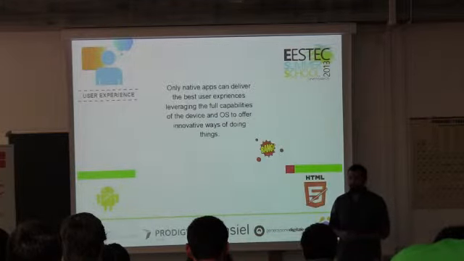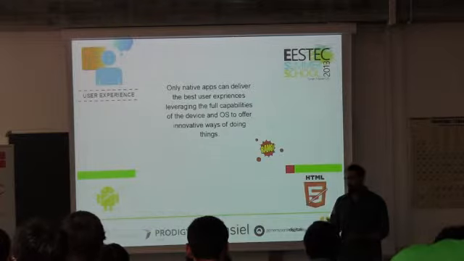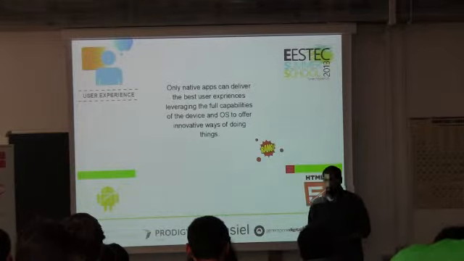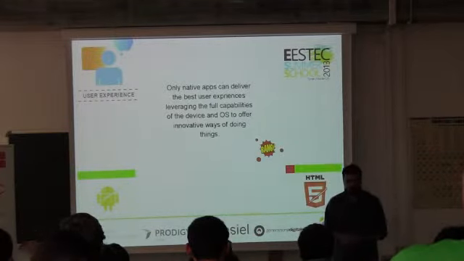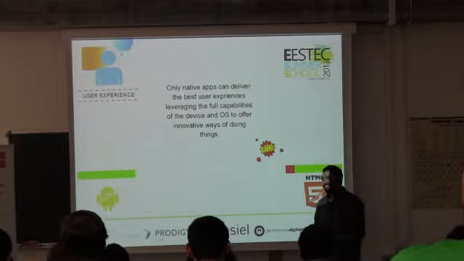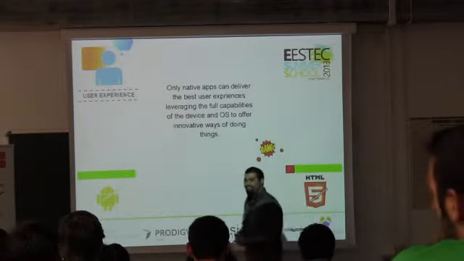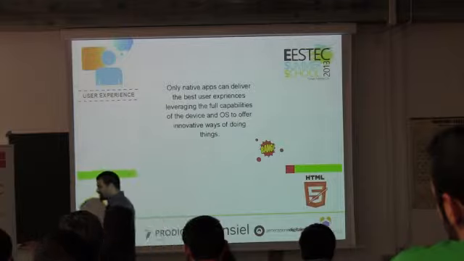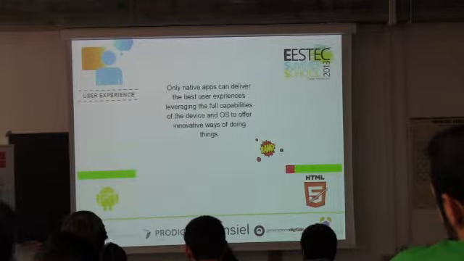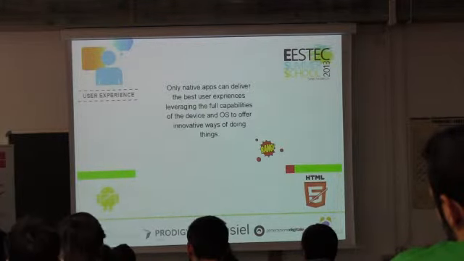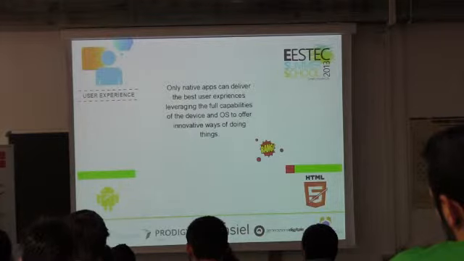In-app advertising. Google has some services, and iOS has some services. Even Windows Phone has some services for in-app advertising. But while developing a web app, you have to do all the work by yourself.